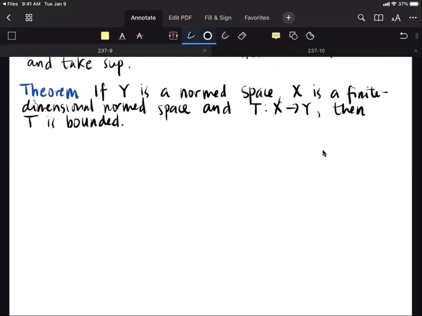In other words, a linear operator defined on a finite dimensional normed space is necessarily bounded.